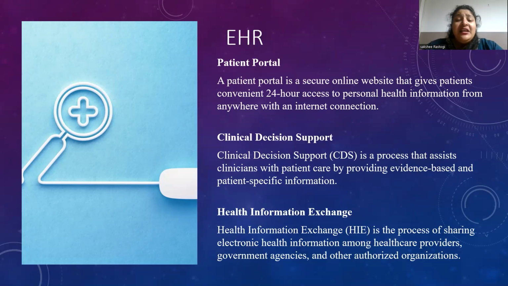IHE, Integrating the Healthcare Enterprise, is for sharing EHR data across healthcare systems. CDA is the Clinical Document Architecture, a standard for structuring EHR documents. CCD is the Continuity of Care Document, a standard for sharing patient summaries, etc.